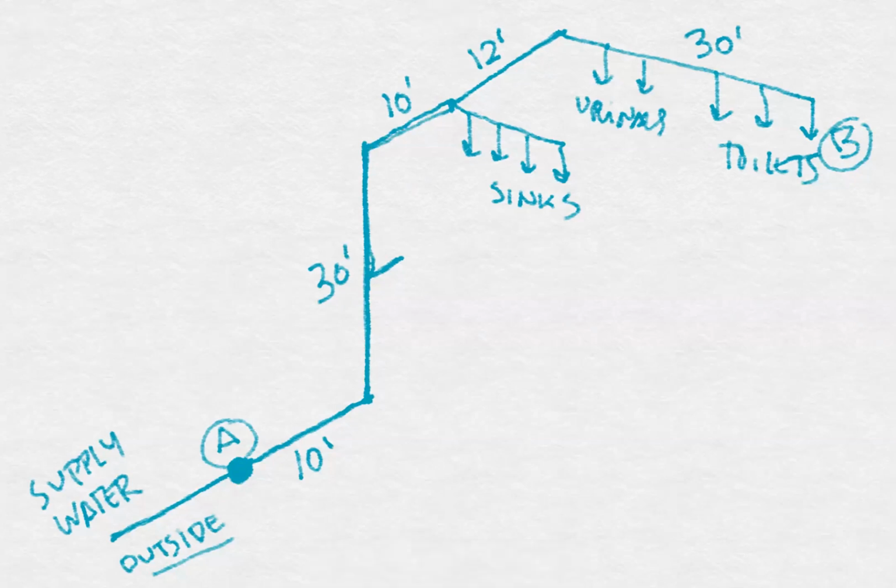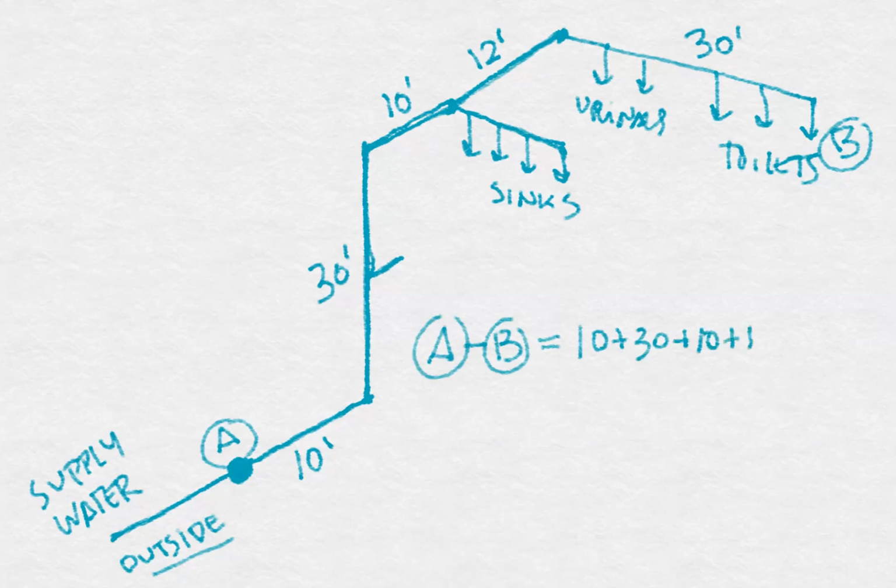Then we go this way 10 feet, and we have the first branch for the sinks, and then the second branch for the toilets. And I think this distance is around 30 feet as well. Okay, so the distance from A to B is 10 plus 30 plus 10 plus 12 plus 30.